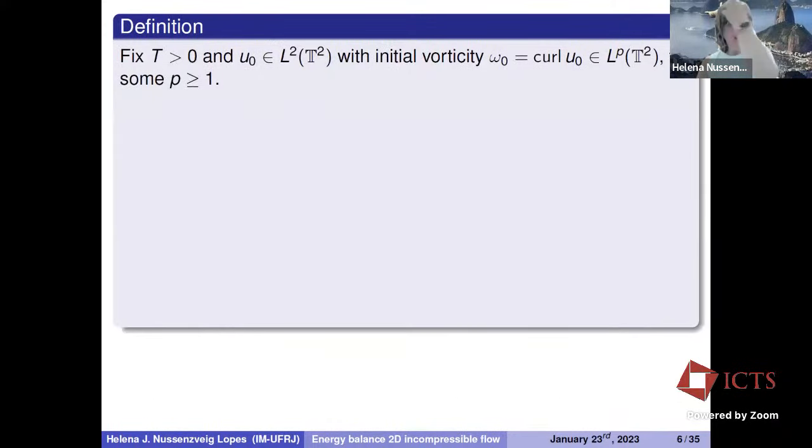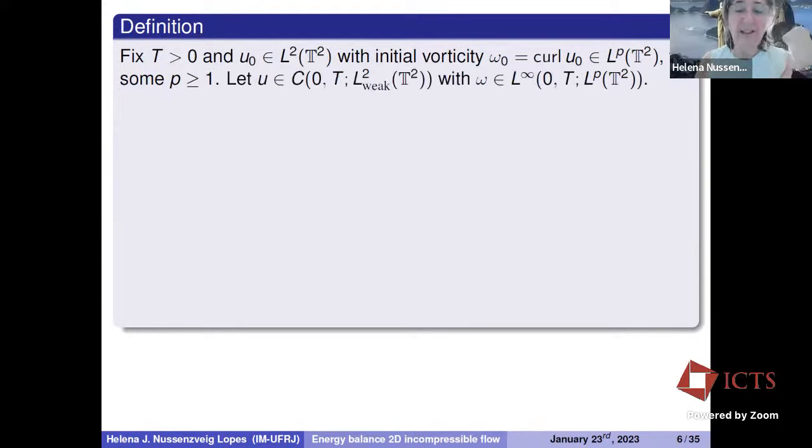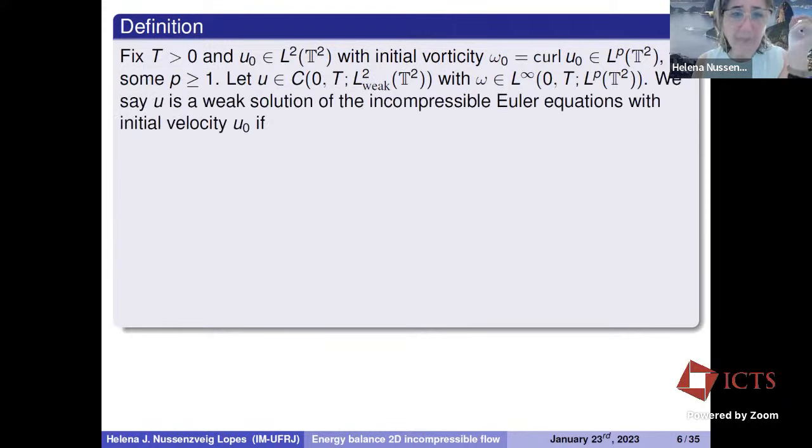So let me start by giving you a definition of a weak solution in this context. I fix a finite time horizon and initial velocity with finite kinetic energy on the torus, such that the initial vorticity is pth power integrable for some p greater than or equal to 1. Then I say that U is a weak solution if it lives in the space continuous in time into weak L2 with the weak topology, with a vorticity which is bounded in time into LP.